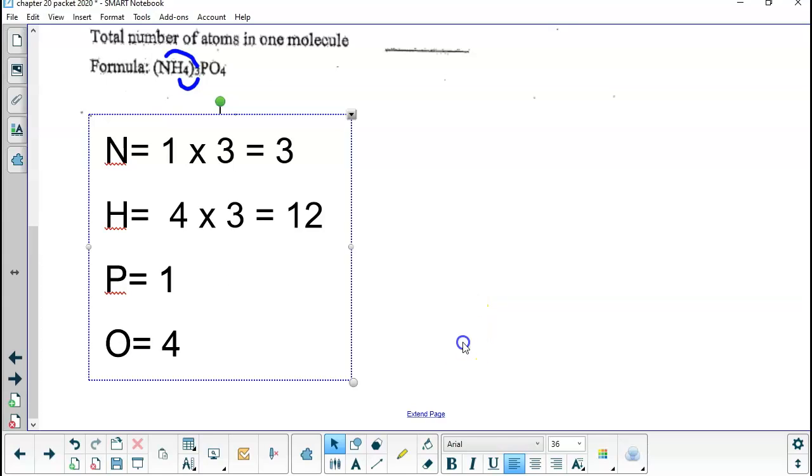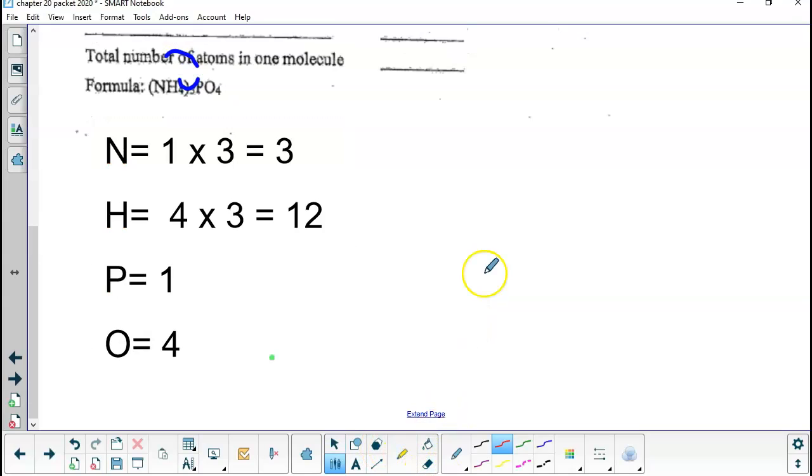Okay. Now, if I'm going to draw this, here's an N, and there's 1, 2, 3, 4 H's drawn to it. Okay, so that's what's inside the parentheses. Now, outside the parentheses, we had that number 3.